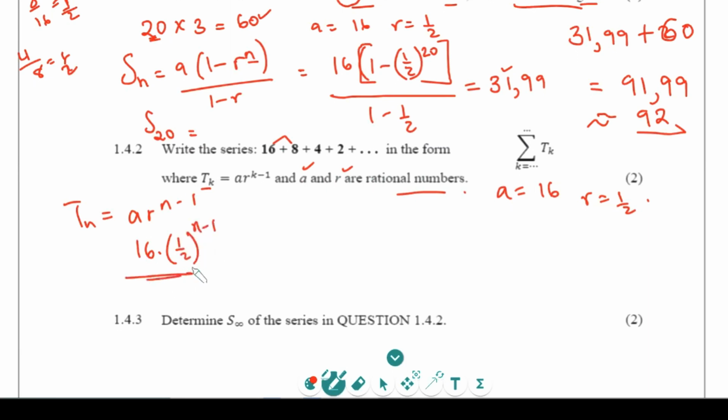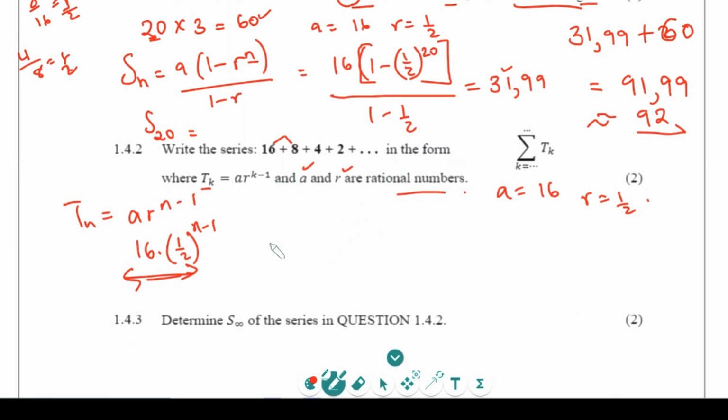This is the general term, which can be used to generate these numbers. We can see that these numbers keep on reducing, in other words, they are converging.